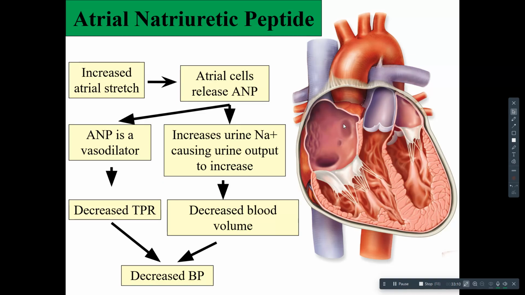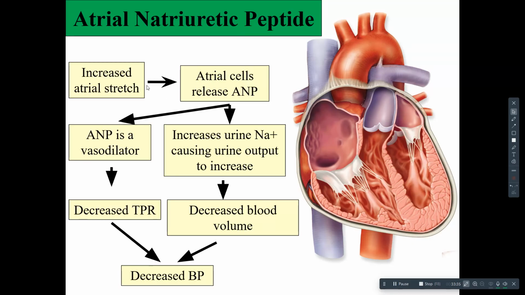When the atria stretch, they're going to release a chemical called atrial natriuretic peptide. Peptide is just like a short amino acid chain. Think of it as like a tiny protein. So it's a tiny protein from the atria. I like to abbreviate atrial natriuretic peptide, ANP.